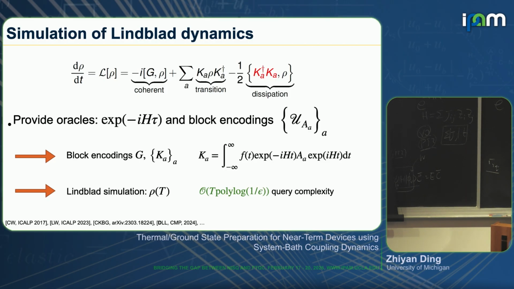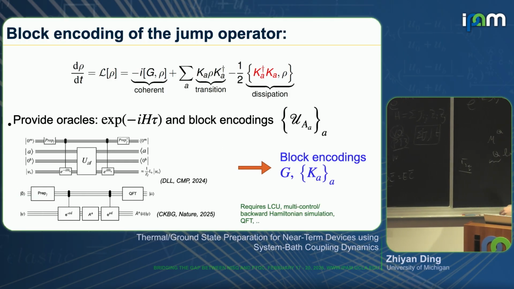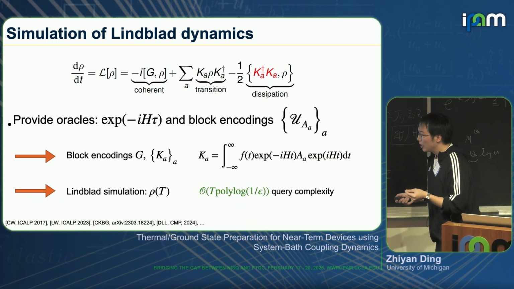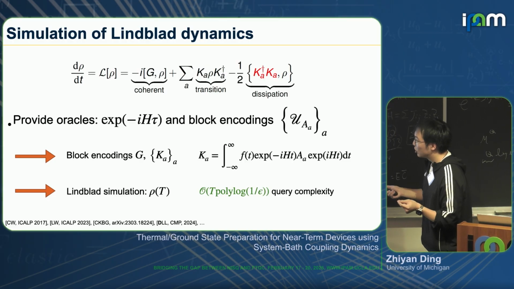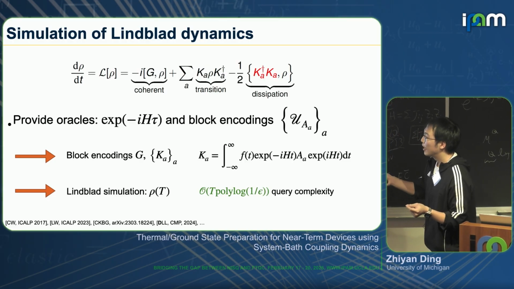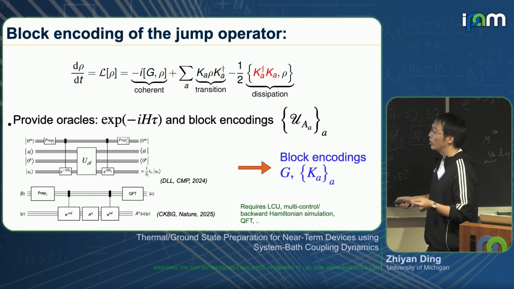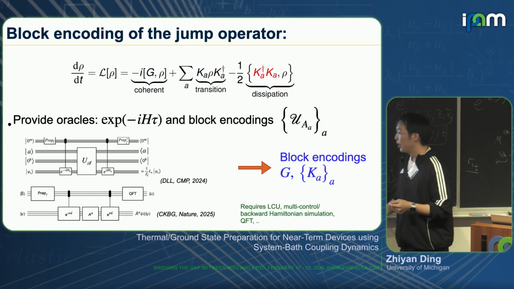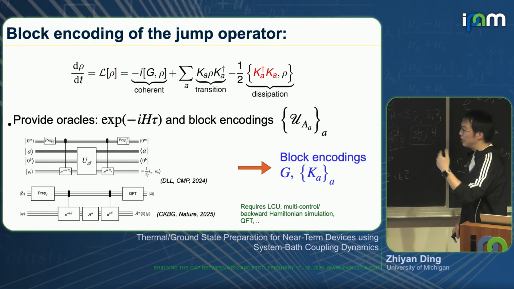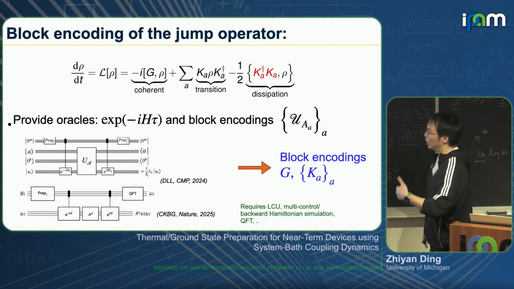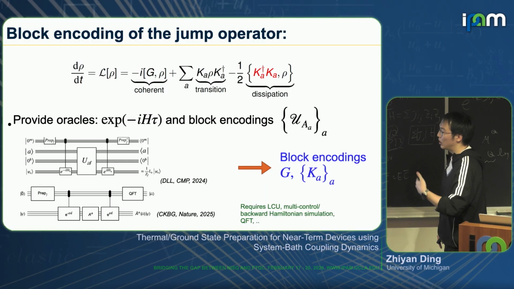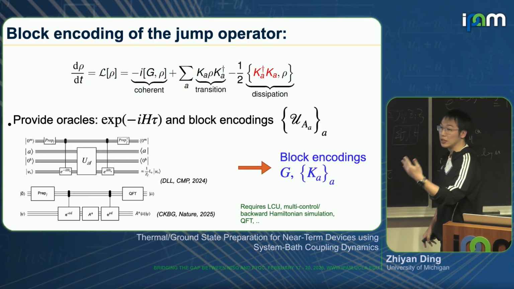Okay? So, however, as you can imagine, since the formula of this jump operator is a little complicated, the block encoding of these jump operators is not very trivial. You often need to use LCU or multi-controlled Hamiltonian simulations or backward Hamiltonian simulation.